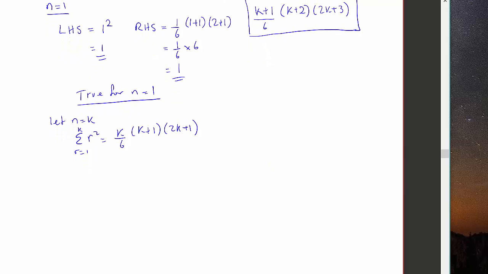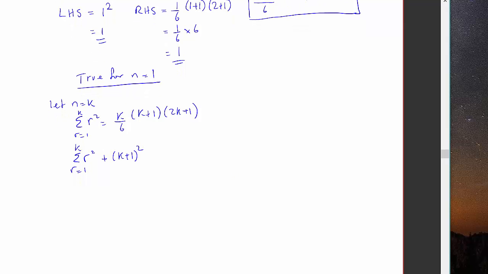Now what we're going to do is add the next term to each side. So what we have is the sum of r equals 1 to k of r squared, add k plus 1 squared, so that's the next term, is equal to k over 6, k plus 1, 2k plus 1, plus k plus 1 squared.